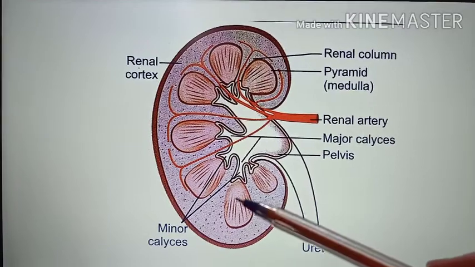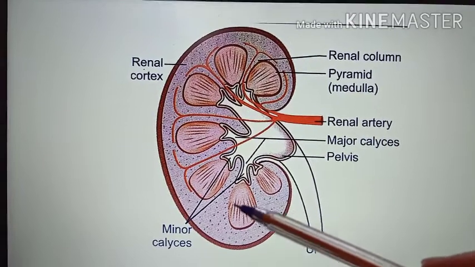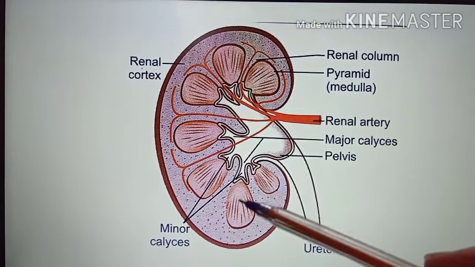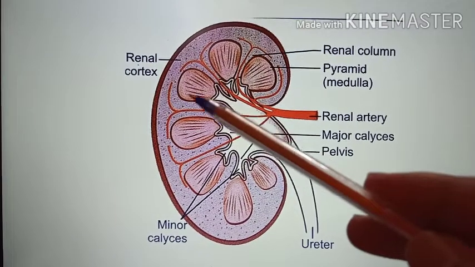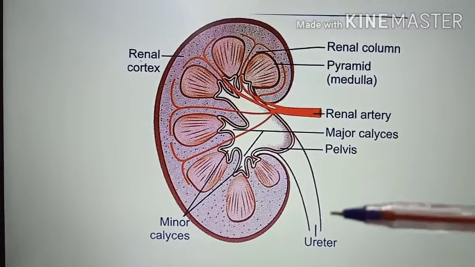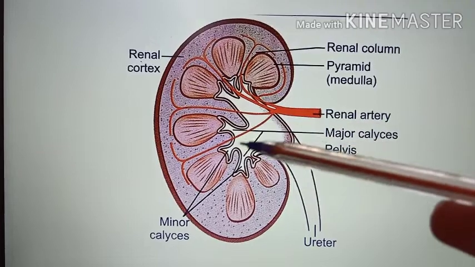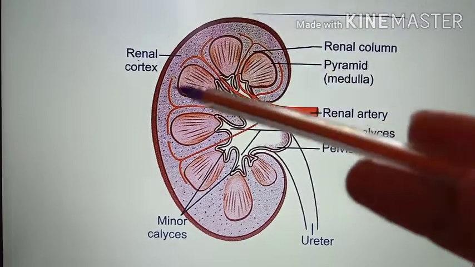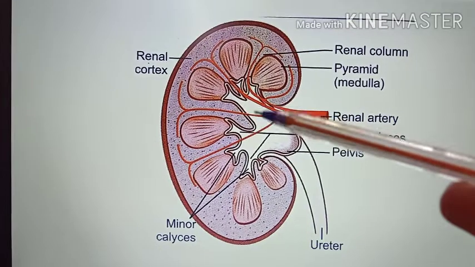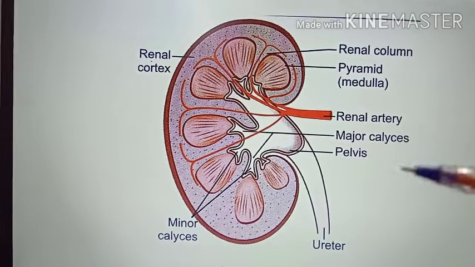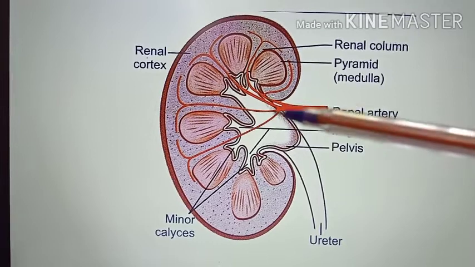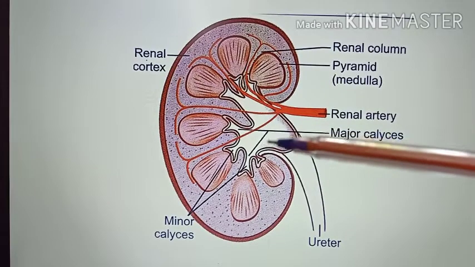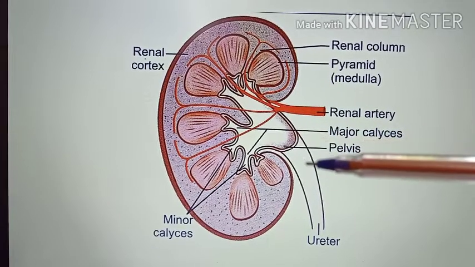In the inner medulla, you can see the cone-shaped renal pyramids. The medulla surrounds the renal sinus. Here you have this empty space called the renal sinus. The renal sinus is a cavity inside the kidney which communicates outside through the hilum.